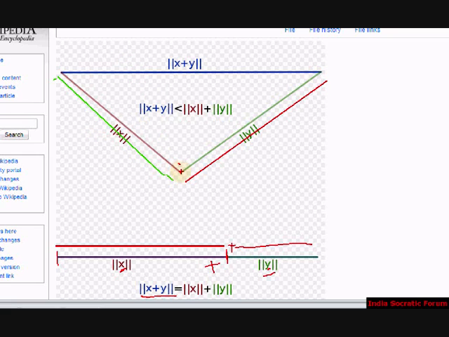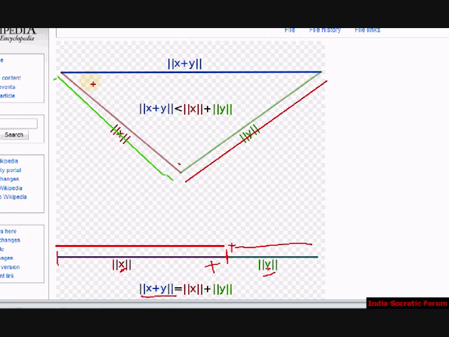So when it is x plus y, if you bring this point down here, the projection of this would be here and the projection of this would be here. There would be a subtle overlap. So this plus this is bigger than the modulus of the sum. That is what we are trying to say here: when it is linear, the sum is equal.